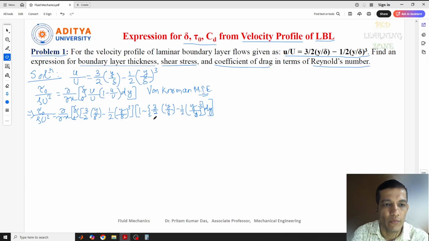This is the whole term, where we have just kept the value of u by U in the von Karman equation.